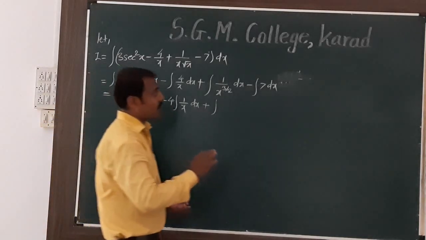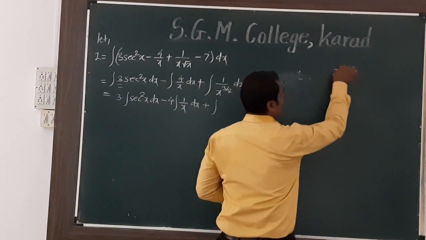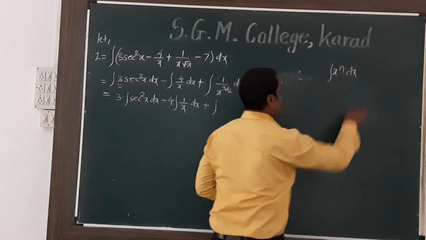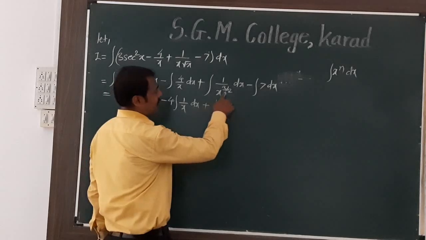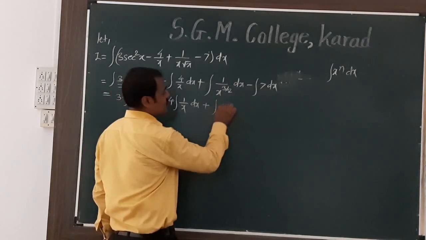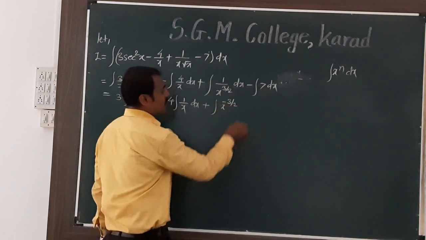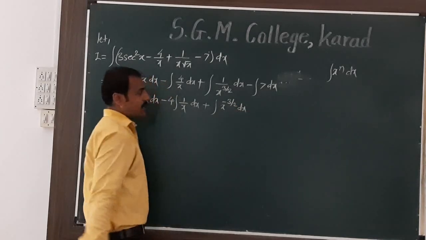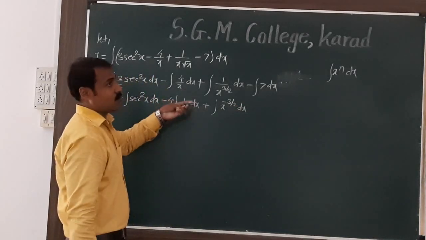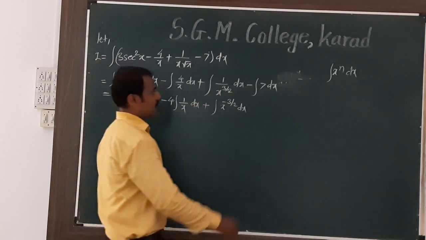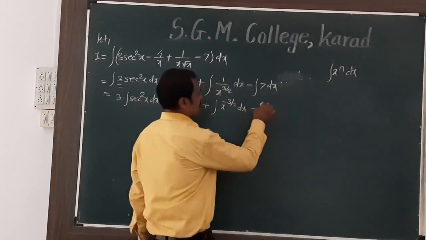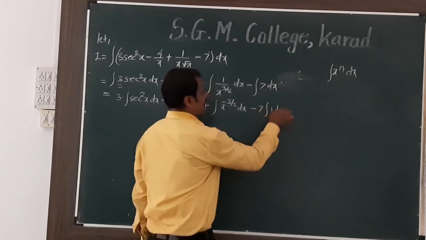The formula is for x raised to n, integration of x raised to n. So we write x raised to 3 by 2 in the denominator as x raised to minus 3 by 2, by the law of indices, a raised to minus m is nothing but 1 upon a raised to m. Minus 7 constant, integration of 1 dx.